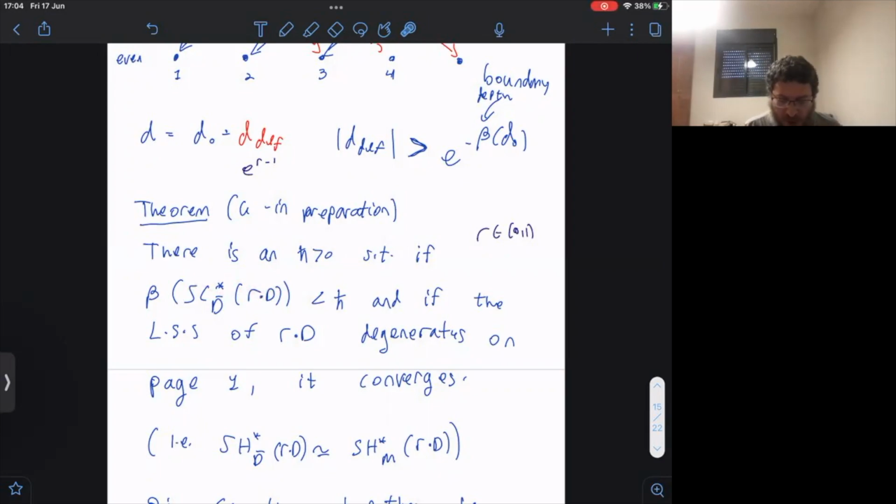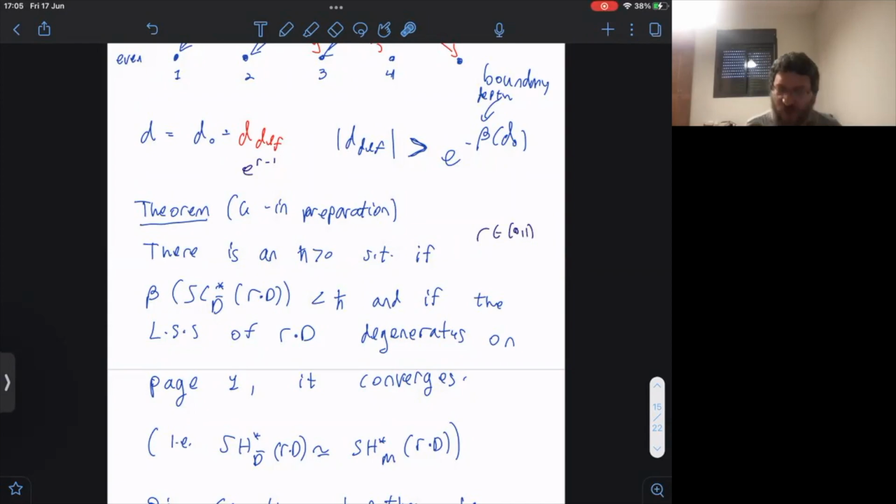So if you've shrunk it enough such that the boundary depth of the intrinsic relative SH, that is, relative SH relative to the completion of D itself, is less than this constant, which is fixed ahead of time, and if the locality spectral sequence is known to degenerate on page 1 for this domain, then it converges.